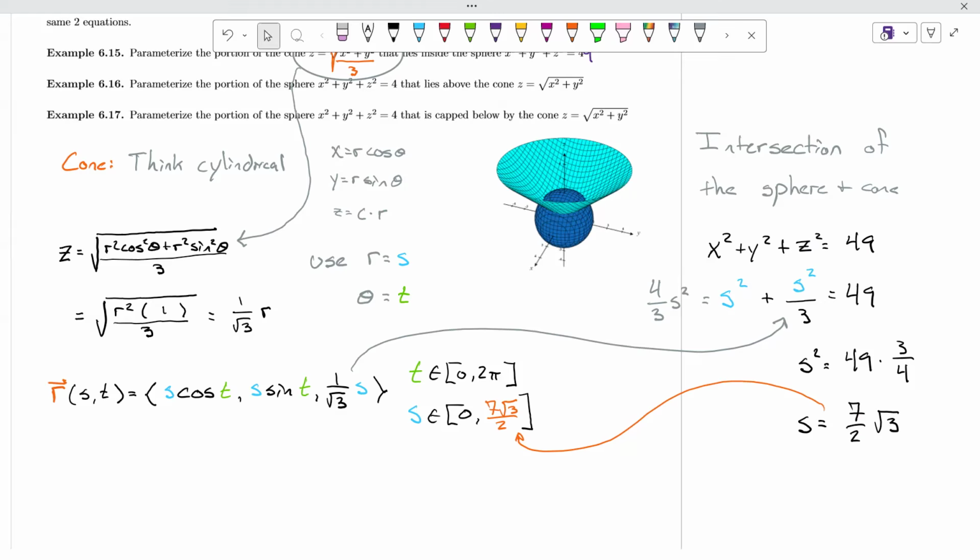So for theta, we always start with 0 to 2 pi because we're going to look at just one trip around the circle. We don't need to spin in multiple circles because we'll just keep retracing the same path. So our default assumption for the boundaries for theta are 0 to 2 pi. I'll come in and take some bits out if I think I need to.